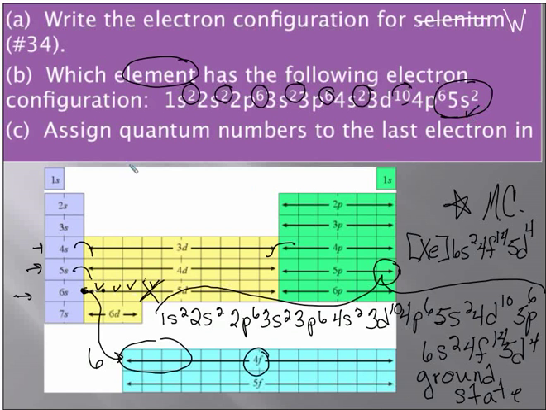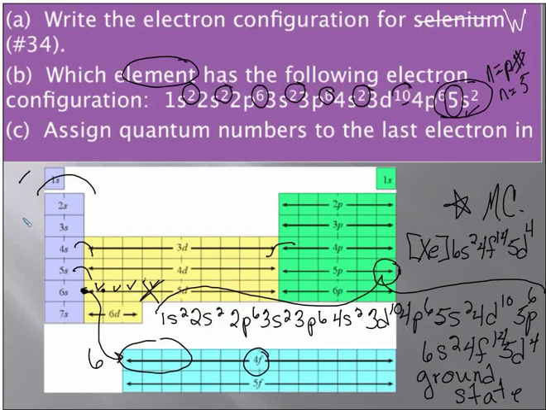So if we end in 5s2, since it's the S block, I know I'm somewhere in here, ending somewhere between those two columns or families. Since it's S, I also know that n is equal to my period number. So if n is equal to 5, I'm in the 5th period.